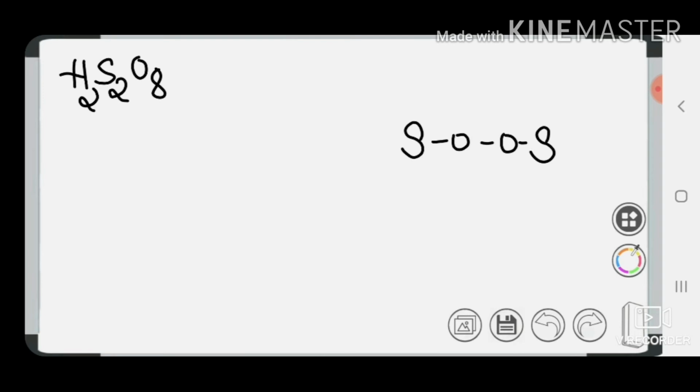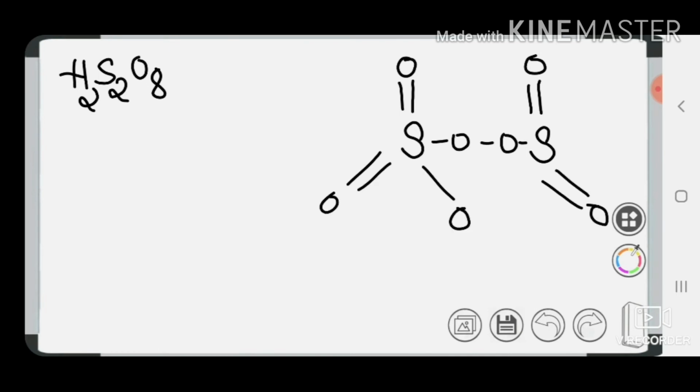Leaving aside these 2 oxygen atoms, there are 6 other oxygen atoms present, which are also represented here, and 2 hydrogen atoms also. This is the structure of peroxodisulfuric acid, that is H2S2O8.